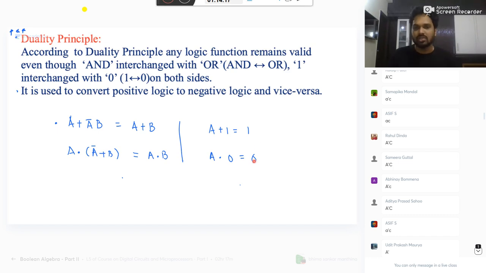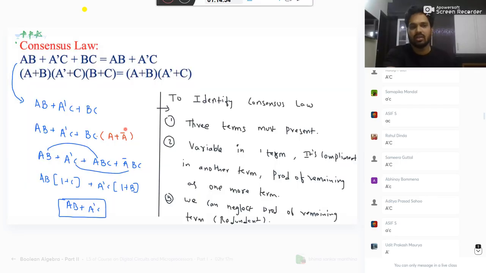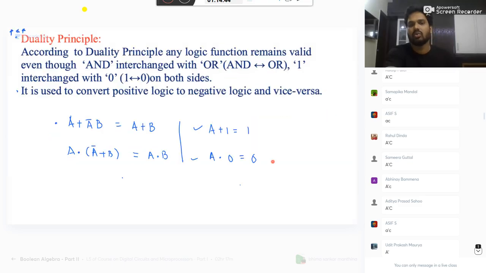According to duality principle, in both sides of the expression, if you replace plus with dot, dot with plus, 1 with 0, 0 with 1, still the relation will be valid. Same way you can go back to consensus law. You see here, I replace dot with plus, plus with dot, on both sides. Still this relation will be valid. This is what is given by duality principle.